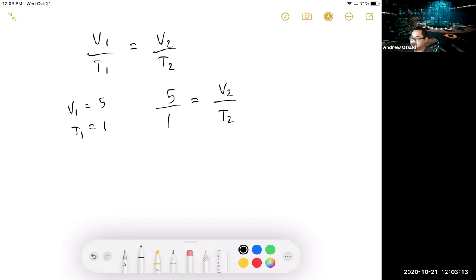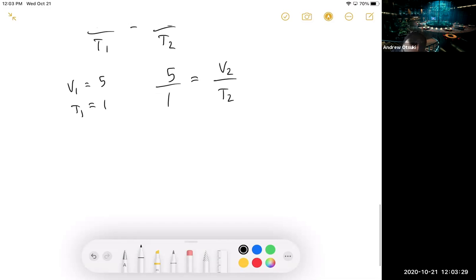Okay. So now let's say we have a volume at, don't worry about units, say it's at 5, and now we decreased our volume to 1. So now we have 5 over 1 equals 1 over T2.